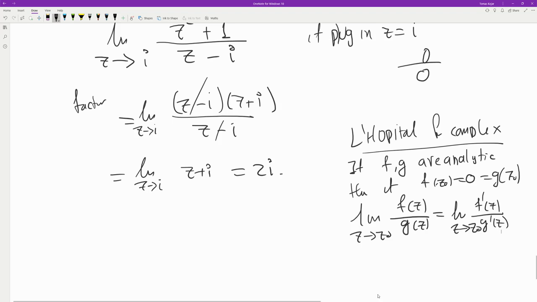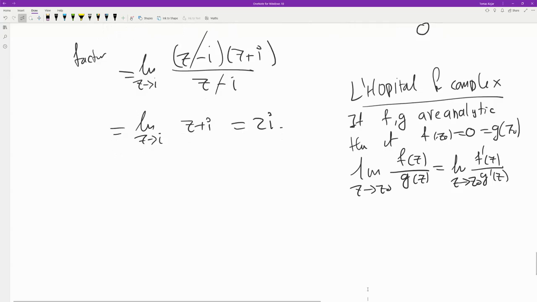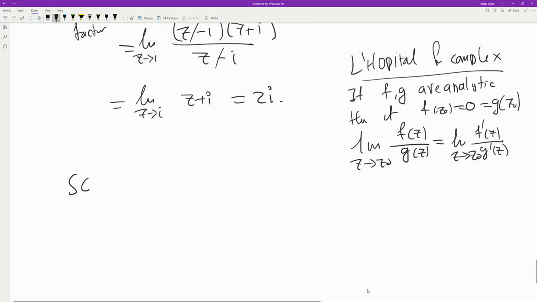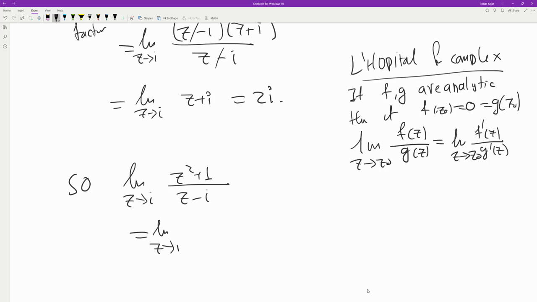But I think it's intuitive enough that we can do it here. So this limit is equal to 2z plus 0, and then over 1. And so indeed you get 2i.